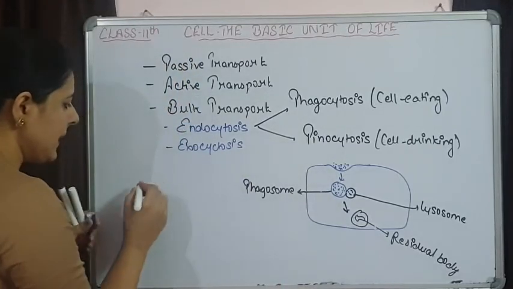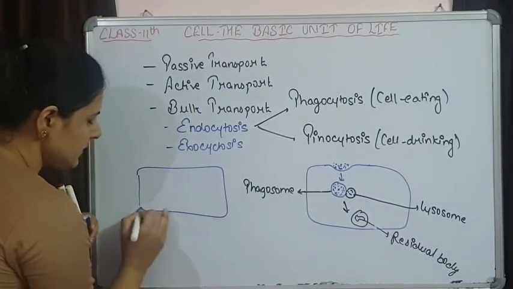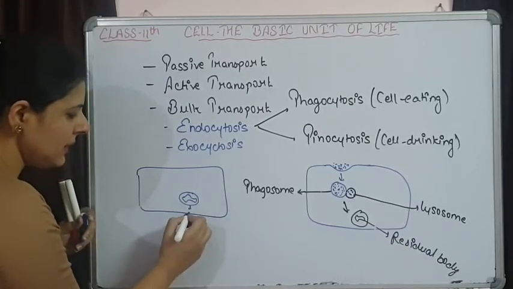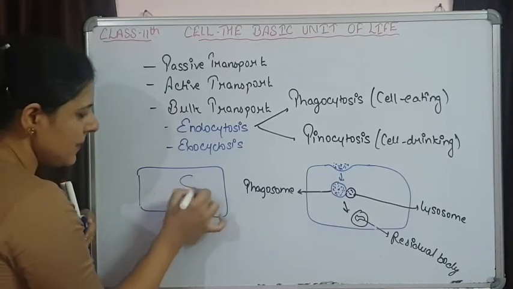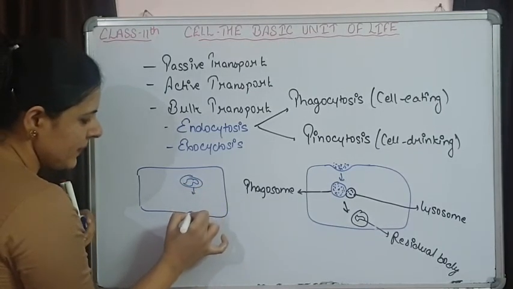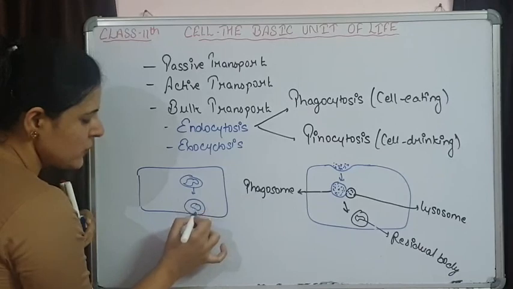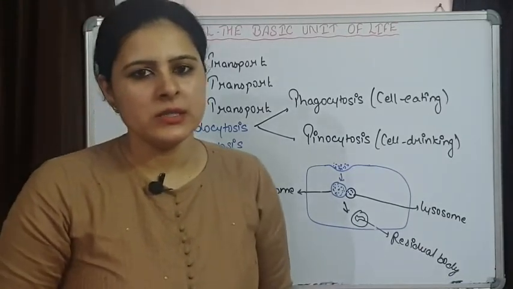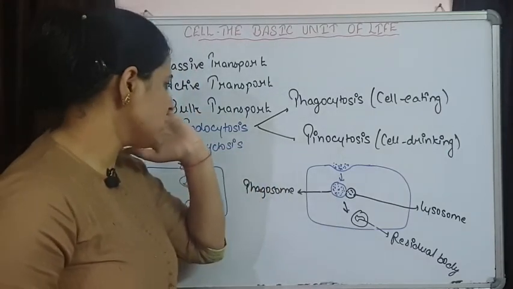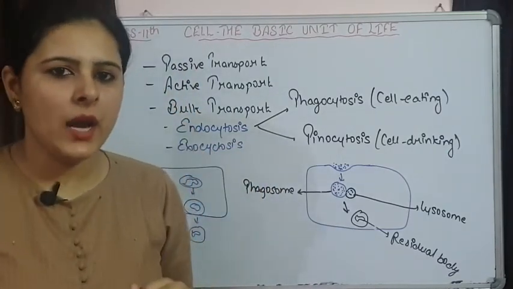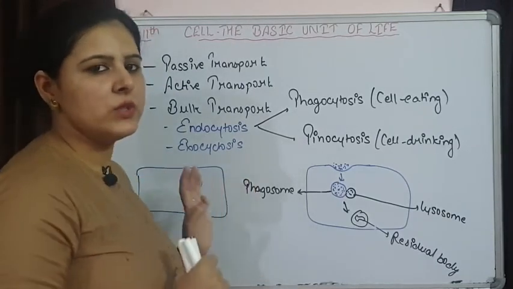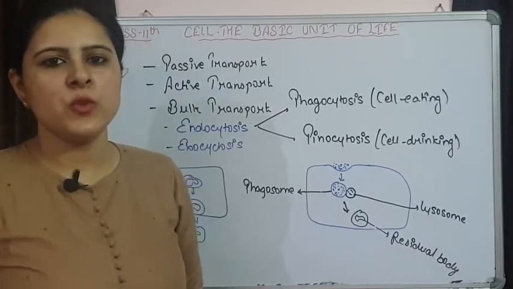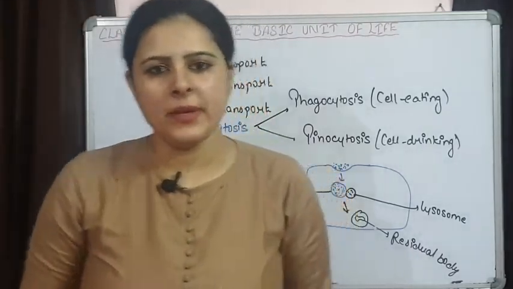Again, this residual body is going to move towards the plasma membrane, fuse with the plasma membrane, and finally move out of the cell. So this is how endocytosis and exocytosis occur inside the cell with the help of the plasma membrane. These are some of the methods of how transportation occurs through the plasma membrane.